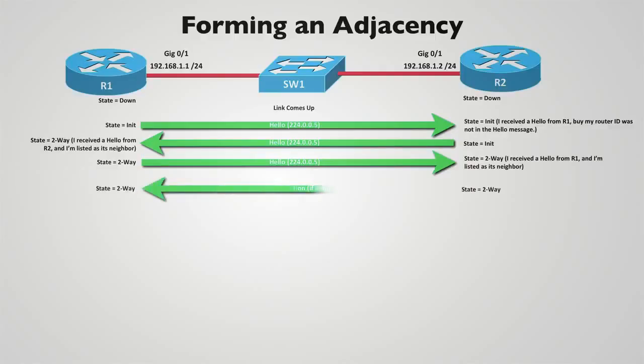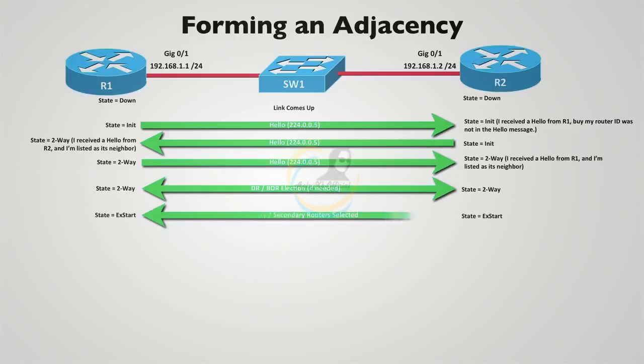While we're in this two-way state, that's where the designated and backup designated router election takes place. If needed, on some types of OSPF networks, we're not going to elect a DR, but if we are, it's in this two-way state where that election takes place. And if these routers are going to become adjacent, they need to exchange database information.